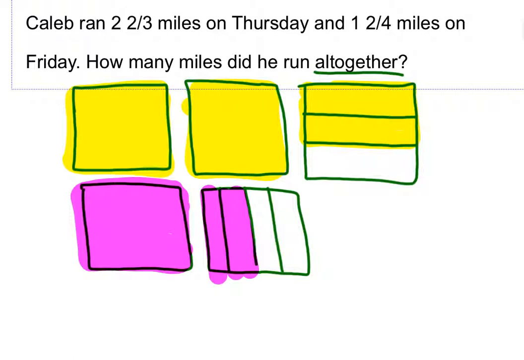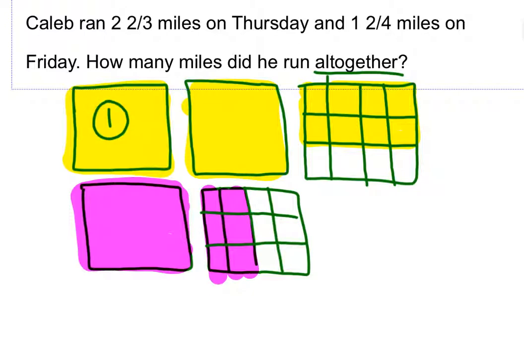Since my 2/3 fraction is rows and my 2/4 fraction is columns, in order to make a common denominator, I must put 4 columns in my thirds, and I need to put 3 rows in my fourths. Now I know they're common denominators because they both have the same number of cells in each. Now all I need to do is add them together.